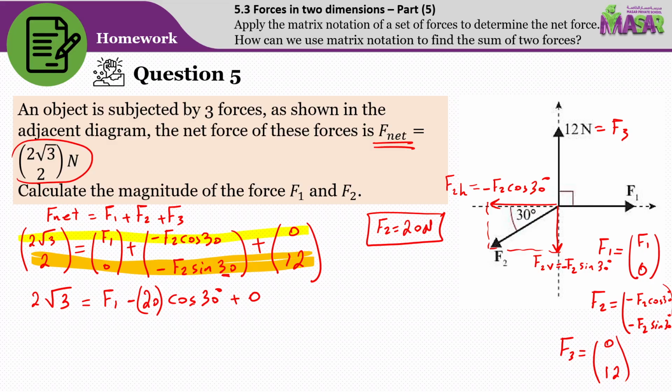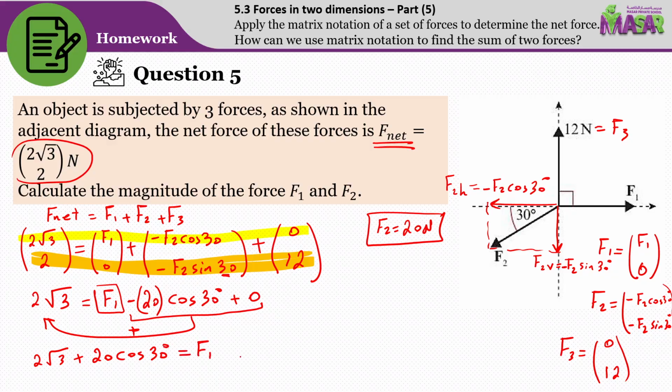Now this is an equation with one unknown. The unknown is F1. Let me move everything else to the other hand side by changing the sign from minus to plus. So 2 radical 3 plus 20 cosine 30 equals F1. Let's evaluate this using the calculator, and we will get that the answer is 12 radical 3.